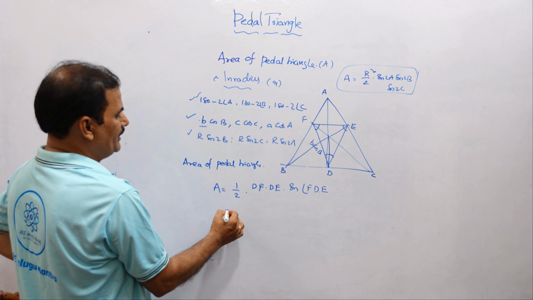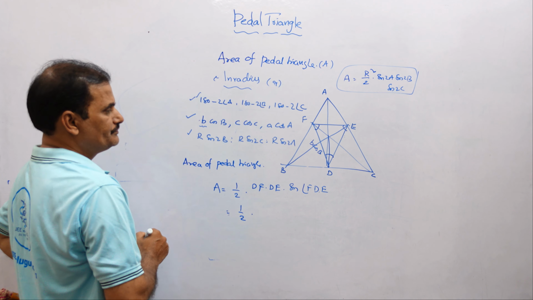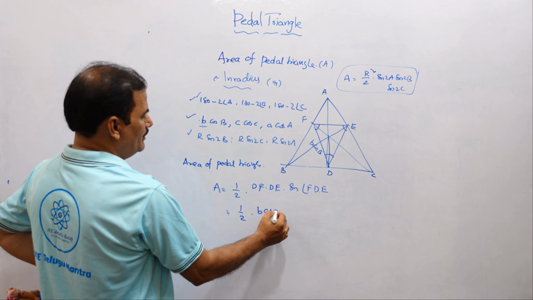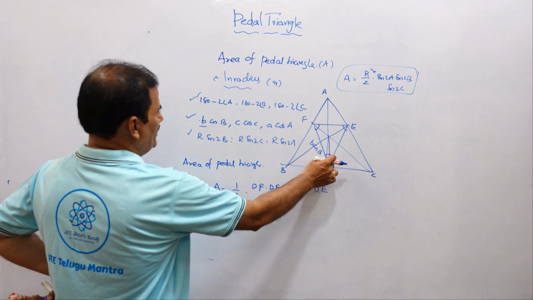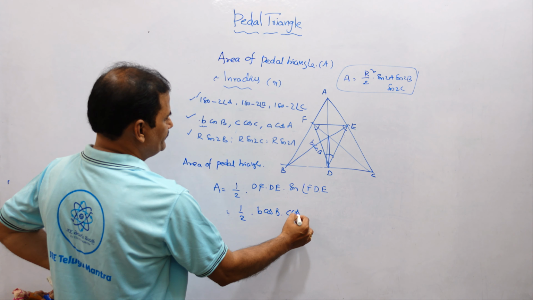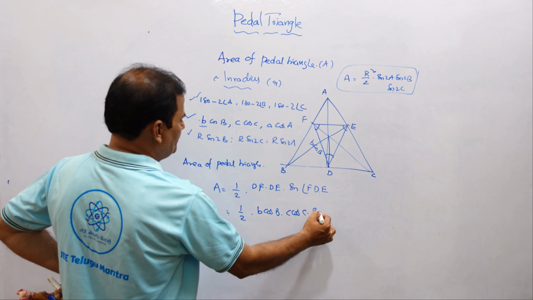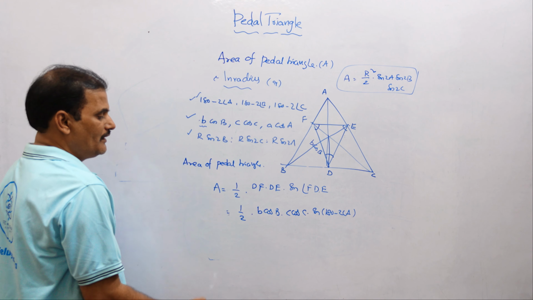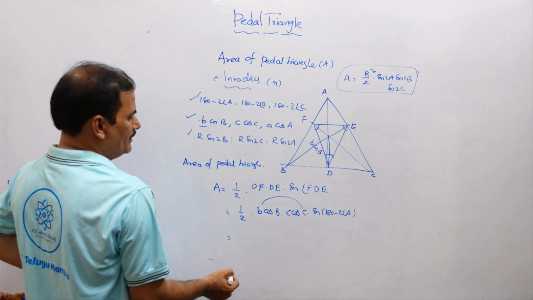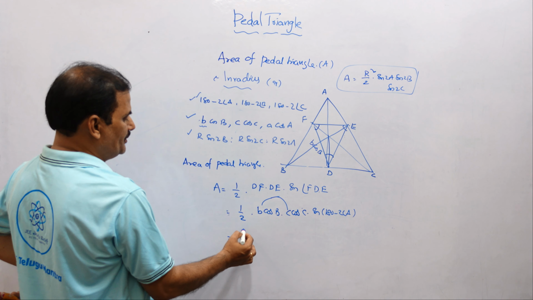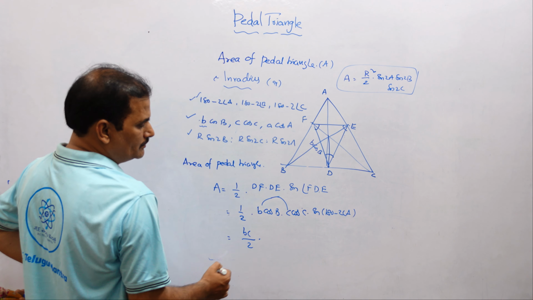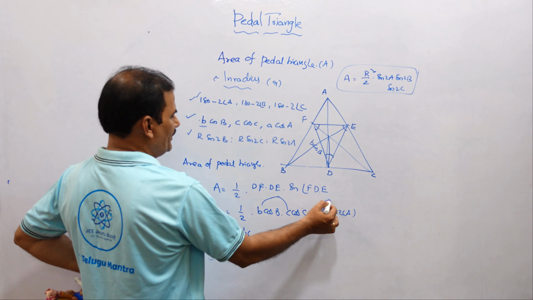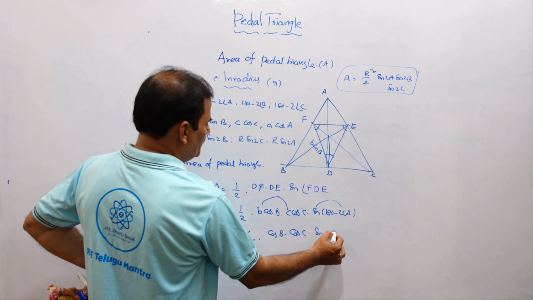By using the sides here, half into DF, that means b cos B, into DE, which is c cos C, into sin of 180 minus 2A. Here b into c, bc by 2 into cos B into cos C sin 180 minus 2A, which is sin 2A.